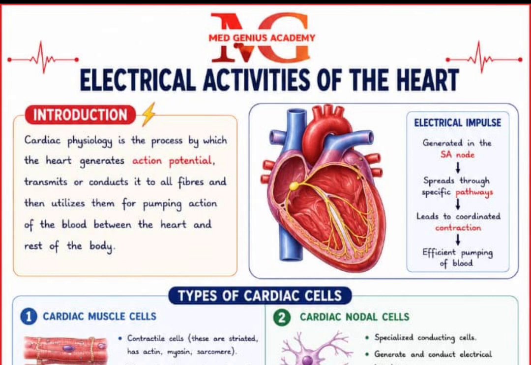And now, what is the usefulness of this conduction of action potential? For the purpose of pumping action of the blood from the heart to the blood vessels to the rest of the tissues. You get it now. Remember I said in the introduction to the cardiovascular system that the cardiovascular system is a system between the heart, the blood vessels, and the tissues, which are the target cells.